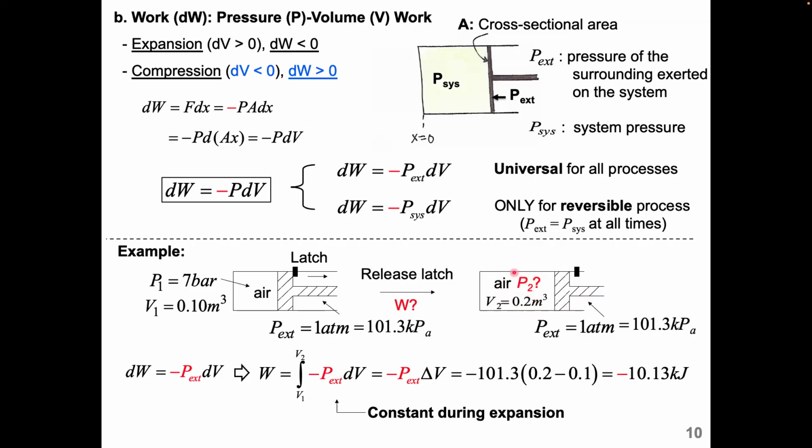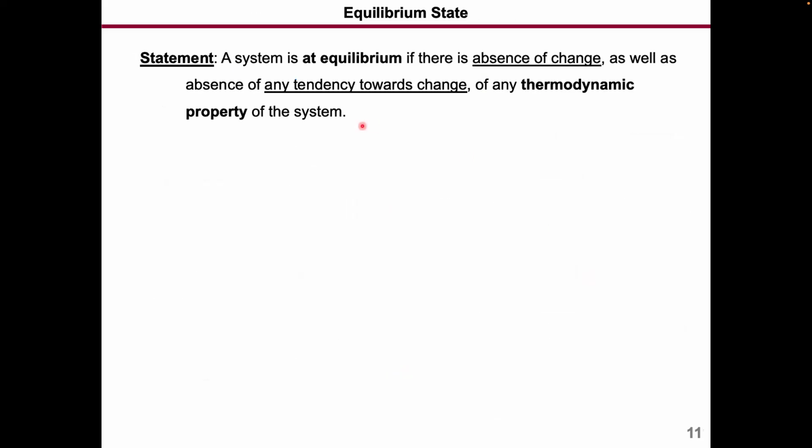Meaning when your system pressure drops down to 1 atm, it's 1 atm on the left, 1 atm on the right, and the pressure is balanced. When the pressure is balanced, the piston cannot move. So we say that the final state is an equilibrium state, okay?